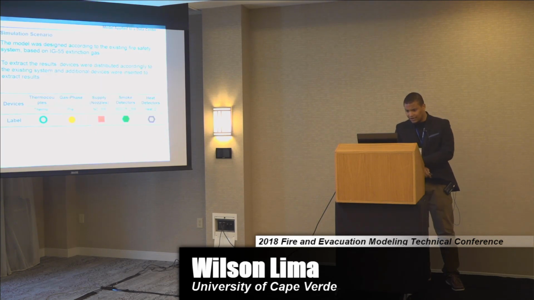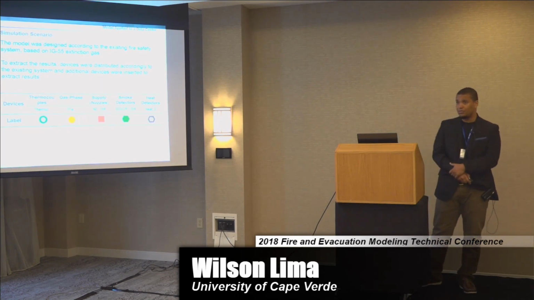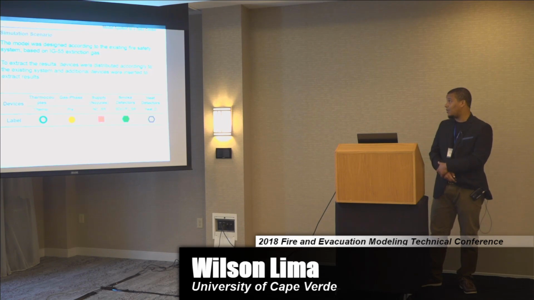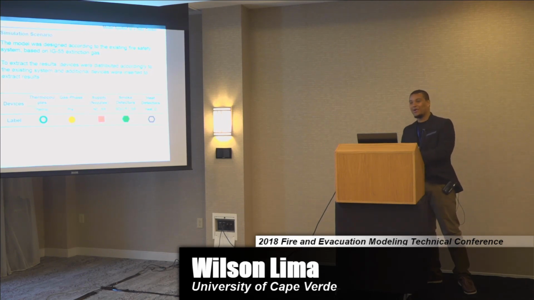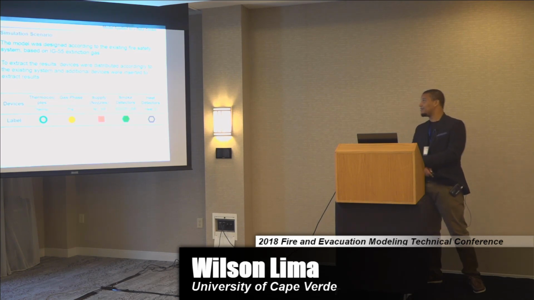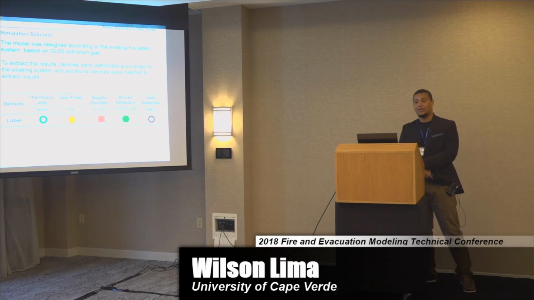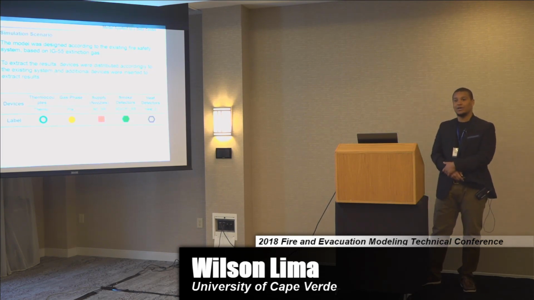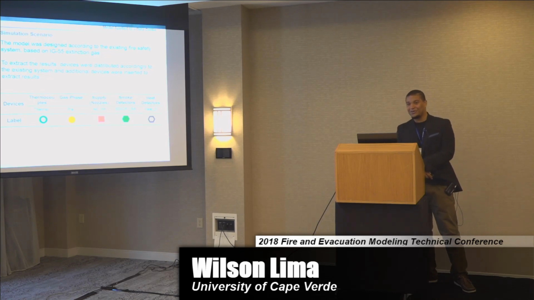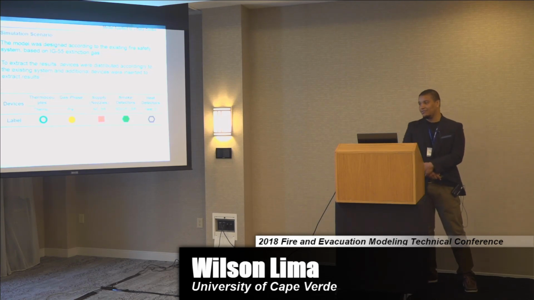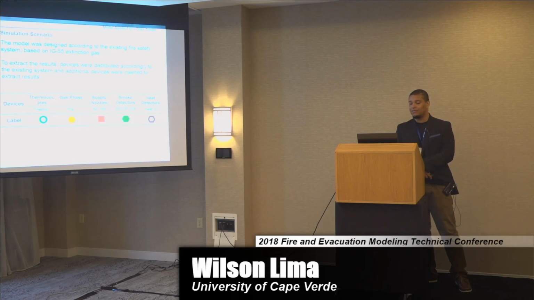For the simulation scenario, we tried to model our design using the existing fire system there, based on IG-55. It was hard work trying to model the IG-55 extinguishing gas. To extract the results, we designed and placed some devices.